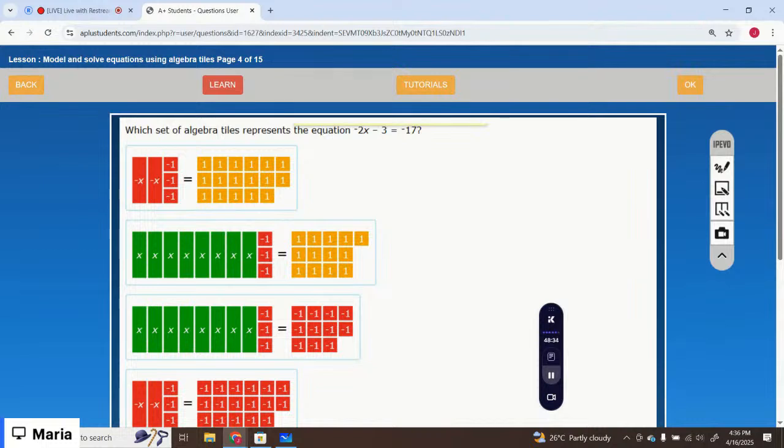Which set of algebra tiles represent the equation negative 2x minus 3 equals negative 17?